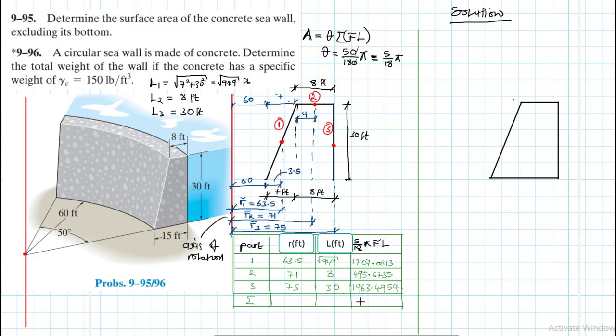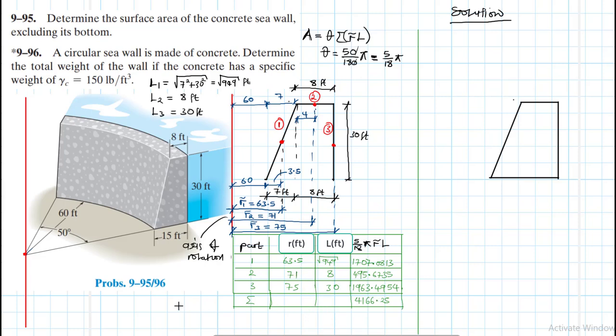So when we sum up everything, we have an area of 1707.0183 plus 495.6735 plus 1963.4954.